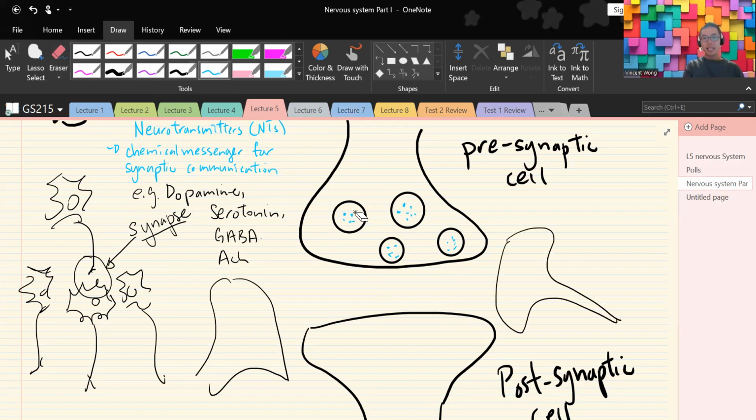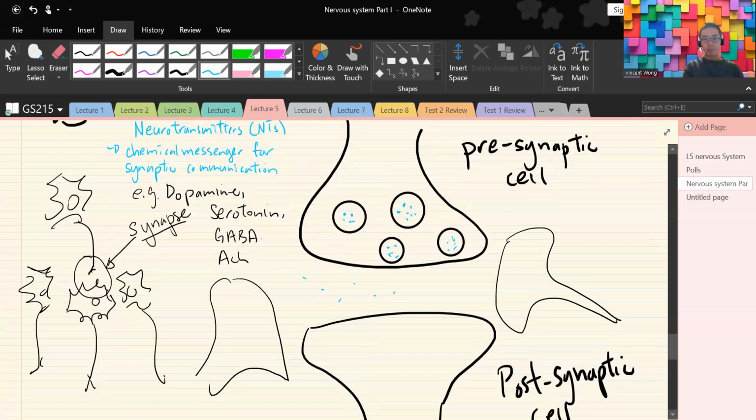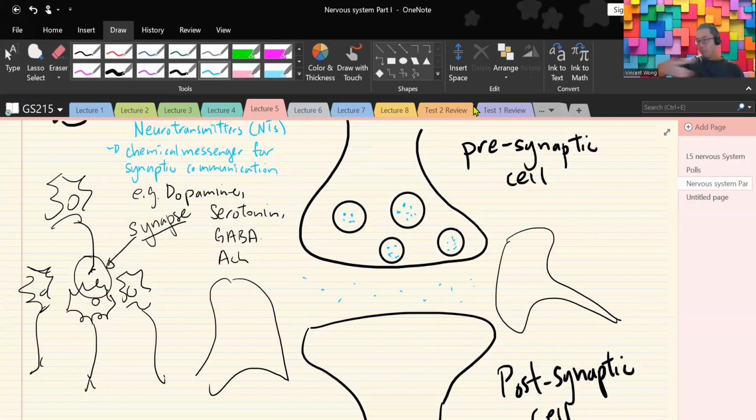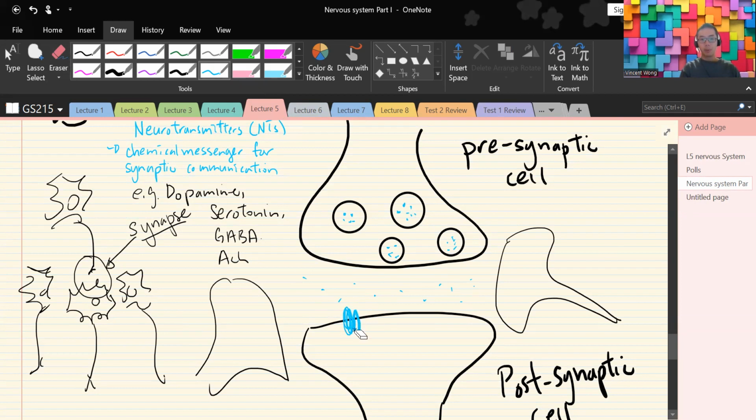So when you release the neurotransmitter into the synaptic cleft here, all the neurons in the immediate area will be exposed to the neurotransmitters. However, in order for you to respond to it, you must have the right receptor. So I'm using color code here. We have the blue neurotransmitters, and only the neurons with the blue receptors will be able to respond to it.